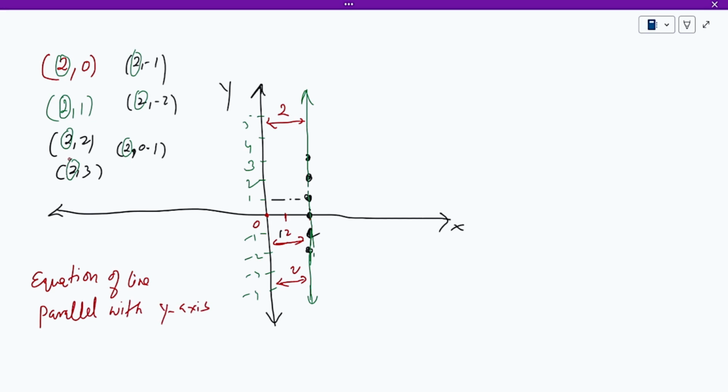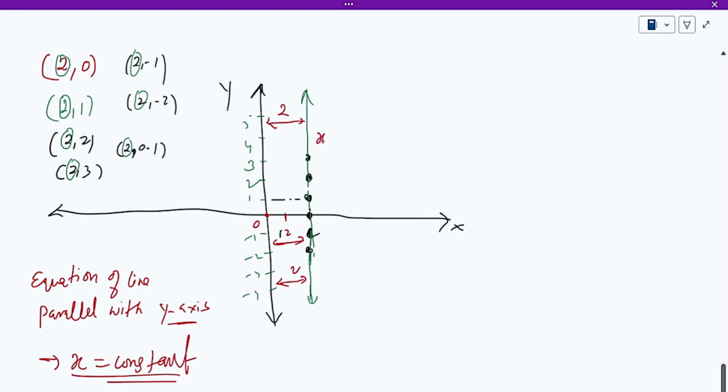A fixed value means a constant value, and the value which is varying is called the variable. Because x is fixed, we get the equation of a line. So the equation of a line parallel with the y-axis is x is equal to a constant. x is equal to any constant gives a line parallel with the y-axis.